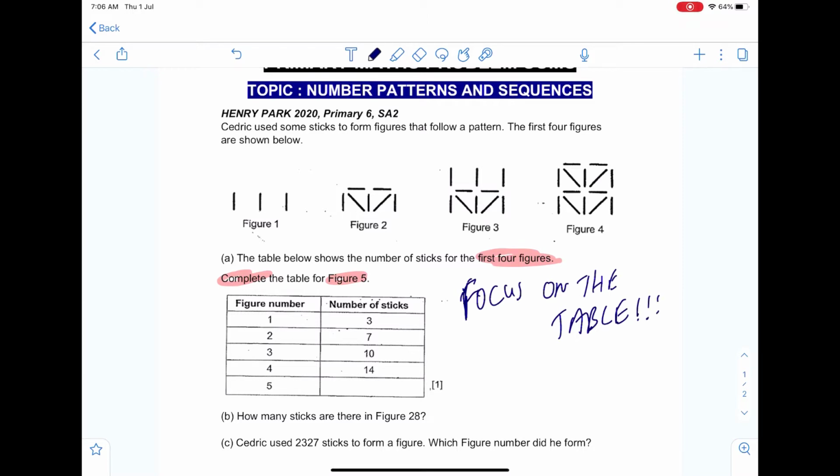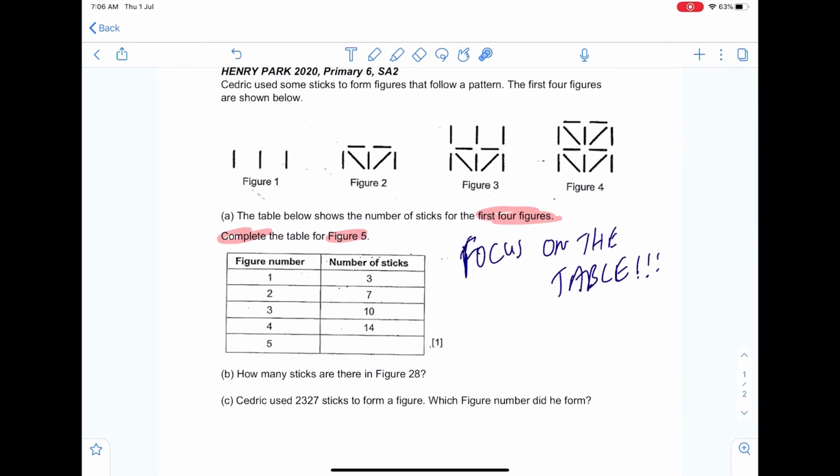Okay, why do I say so? Because if we place focus on the diagram, it will be very confusing and messy because there's too many things happening in the diagram. But as for the table, it is clear that we can find some kind of pattern, some kind of sequence in the table itself.